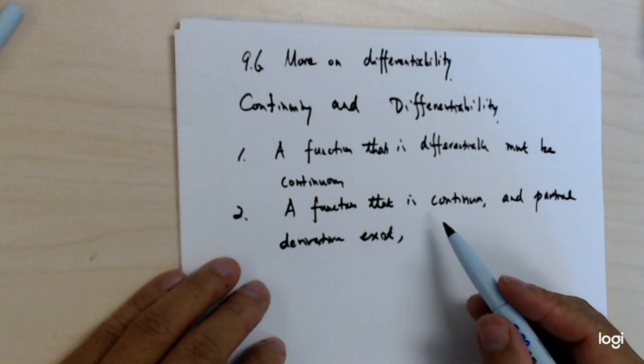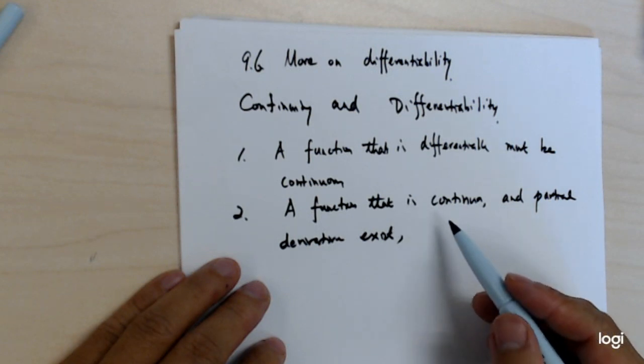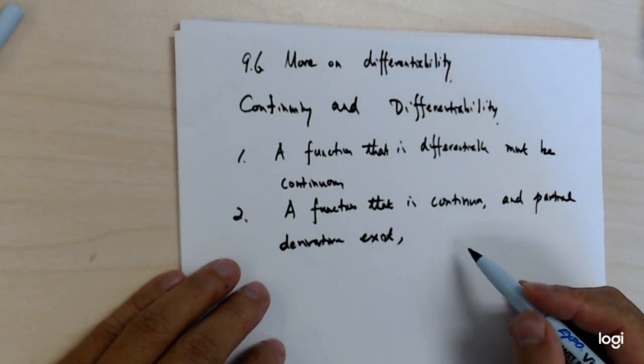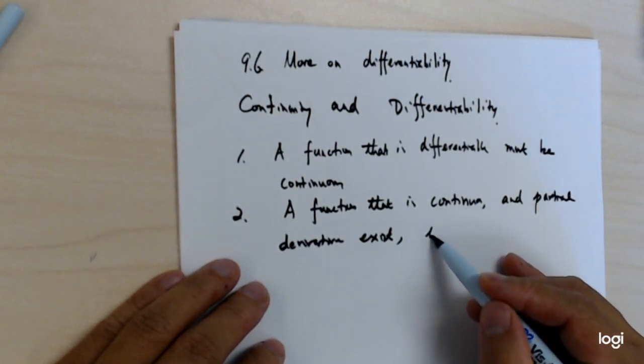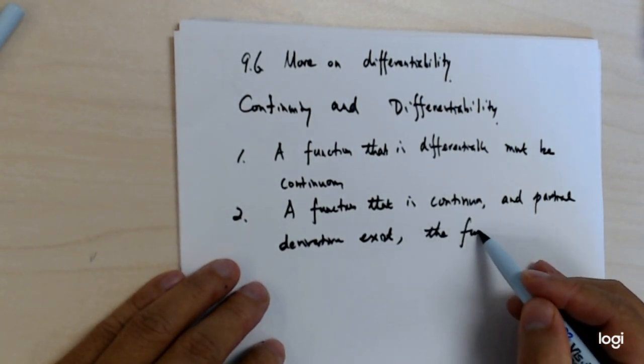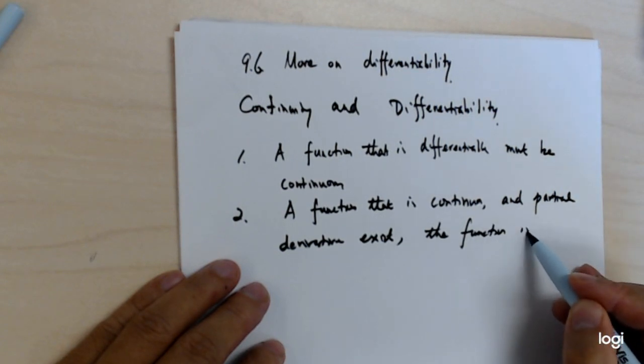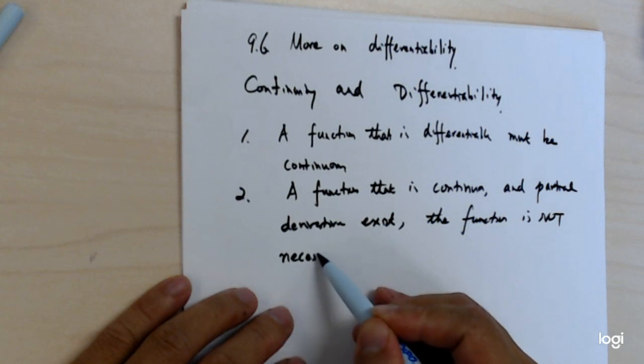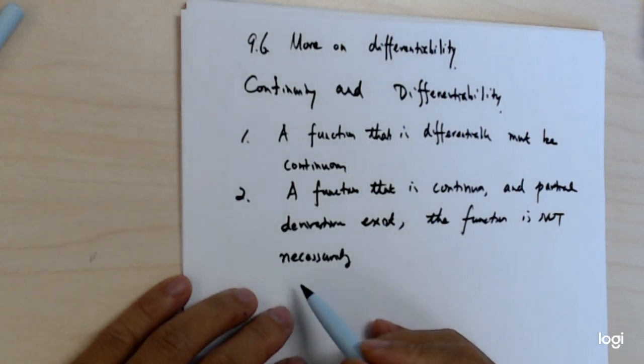A function that is continuous and partial derivatives exist. The function is not necessarily differentiable. So this is what we talked about in the last video.